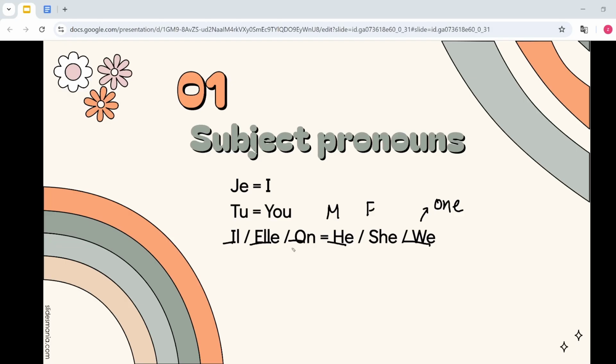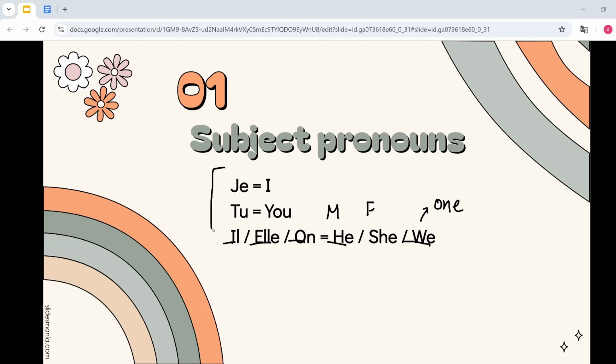And the reason why they're all grouped together is because subject pronouns most of the time are followed by verbs, and verbs need to be conjugated. We'll talk about what that means in just a little bit. But so in terms of the conjugation, the 3 of them, il, elle, on, are all the same conjugation. They're conjugated the exact same way, and that's why they're grouped together into this category.